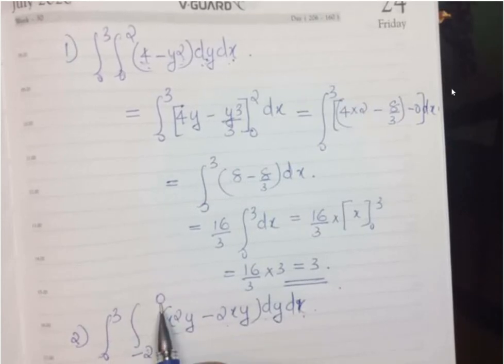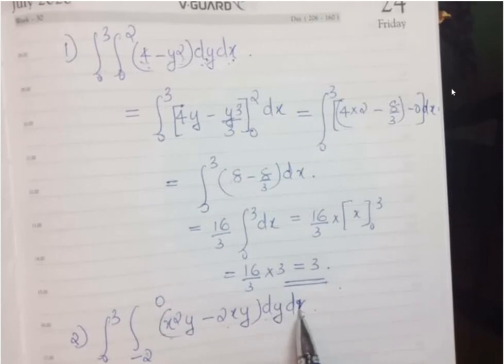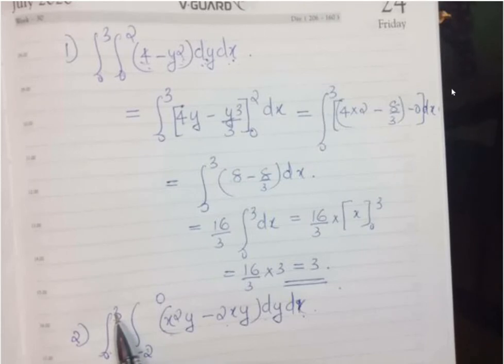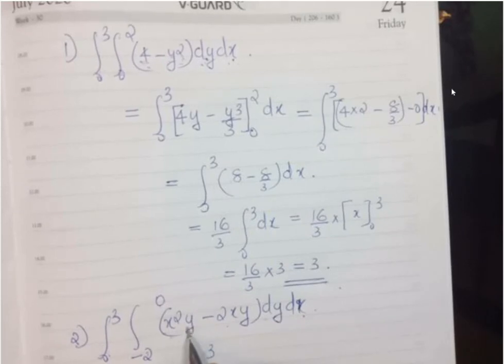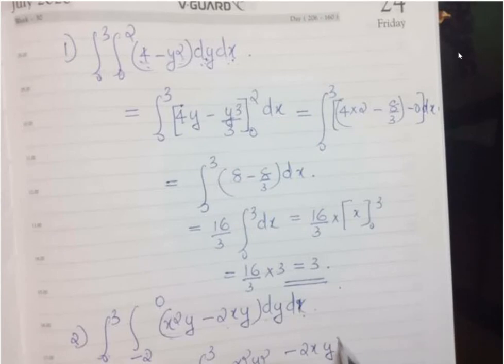Next integrate with respect to x and put the values from 0 to 3 for x. So this is equal to the integral from 0 to 3, integrating with respect to y, x square y square by 2 minus 2x into y square by 2, from minus 2 to 0, into dx.